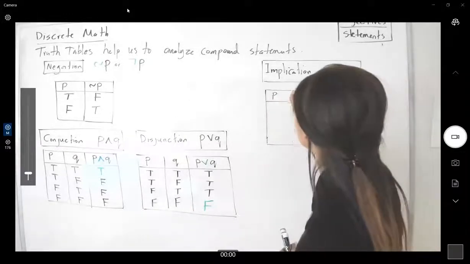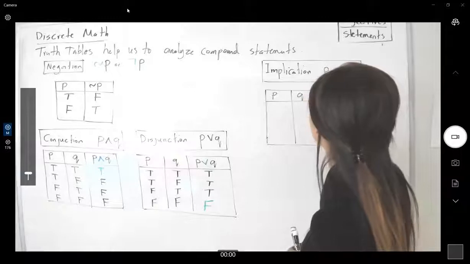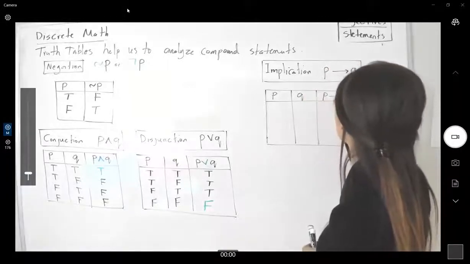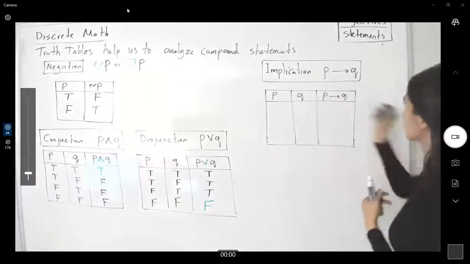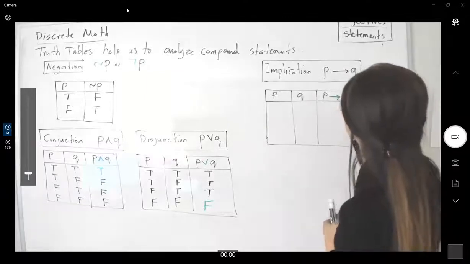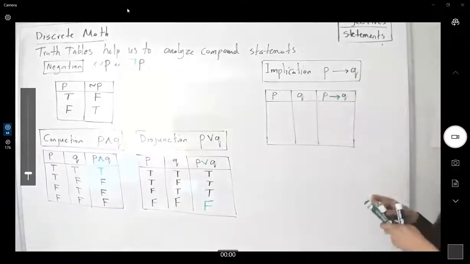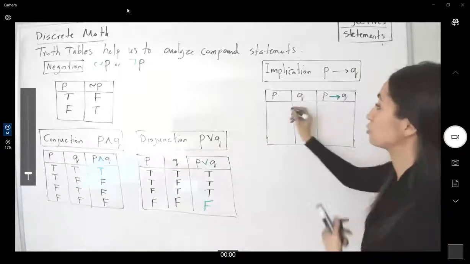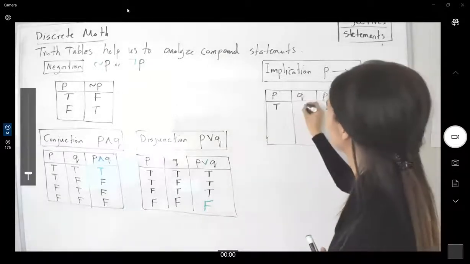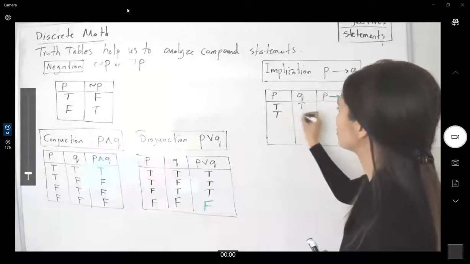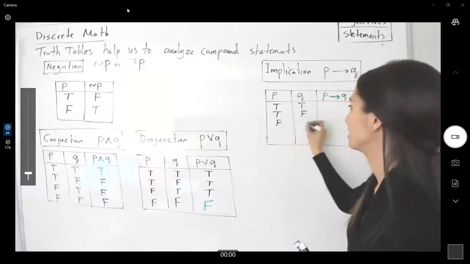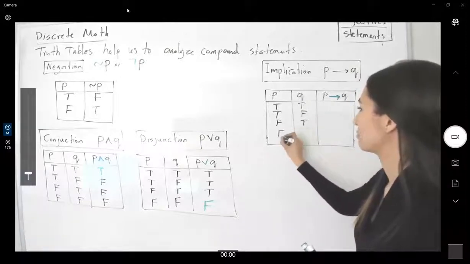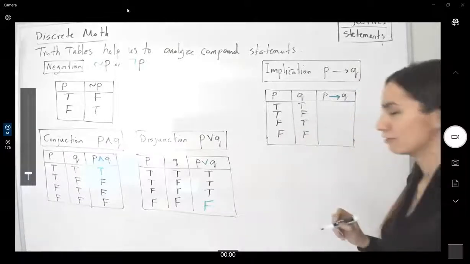We have P, we have Q, P then Q. Okay. P can be true, Q can be true. P can be true, Q can be false. P can be false, Q can be true. P can be false, Q can be false.